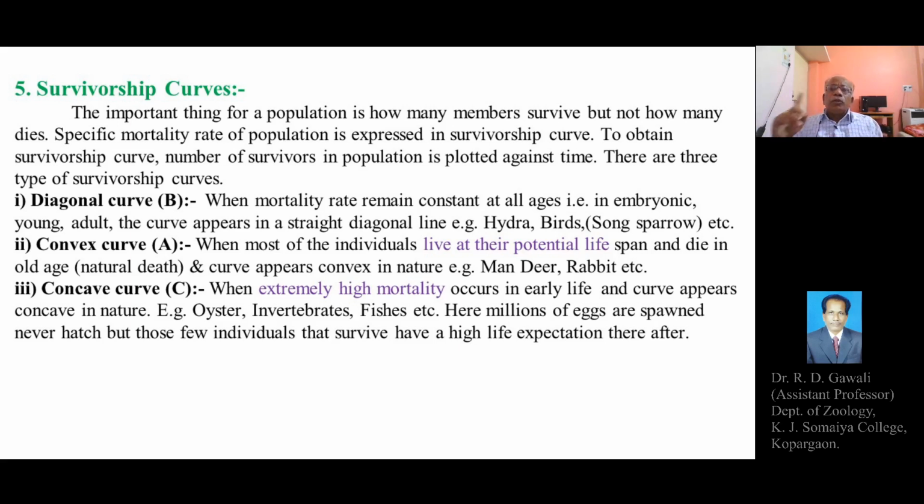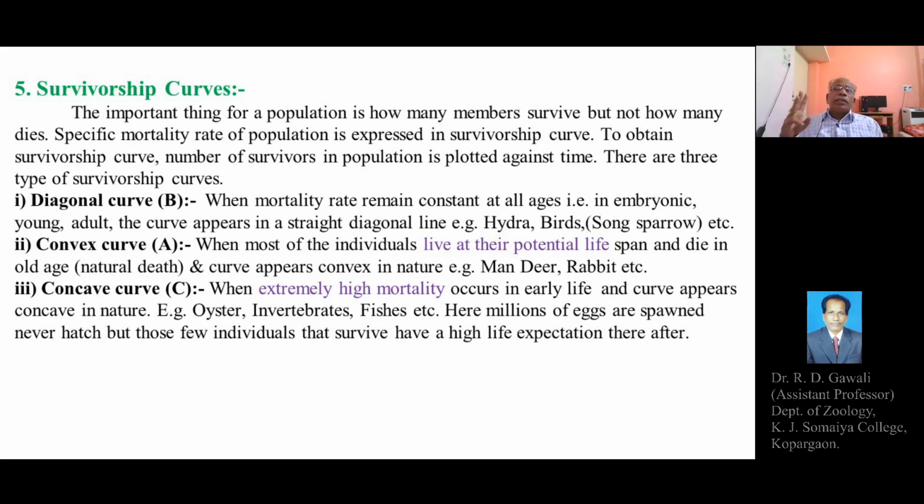To obtain a survivorship curve, the number of survivors in a population is plotted against time, and there are three types of survivorship curves.